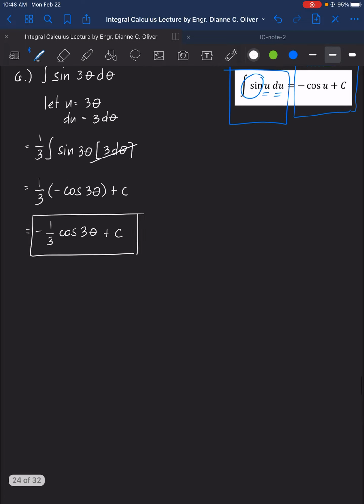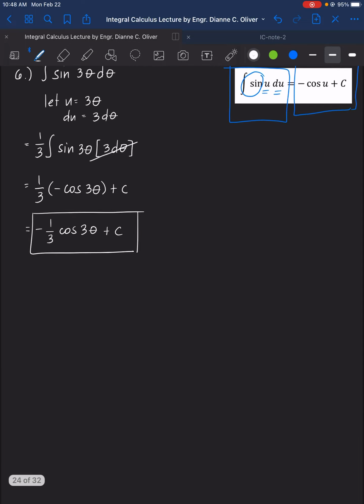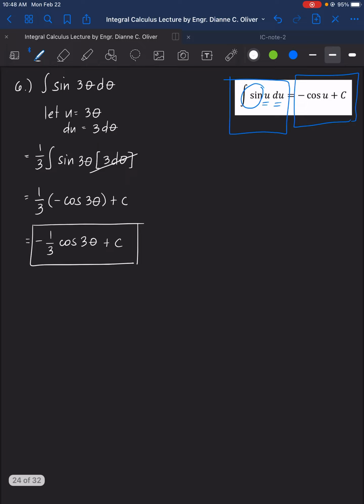Now let's check this by differentiation first before proceeding to the next. So we have here checking by differentiation, the derivative of negative 1/3 cosine 3 theta plus c.